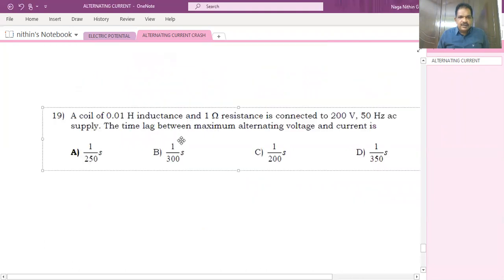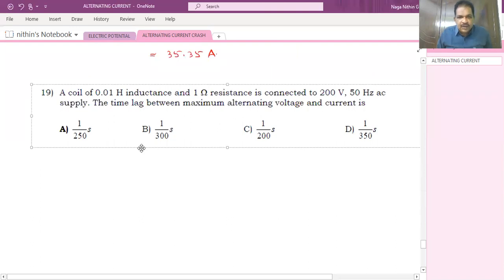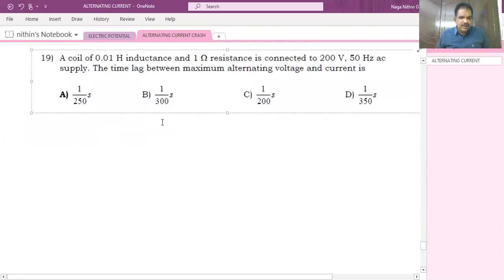Next, see the next question. Coil is there. Inductance is 0.01 Henry. 1 ohm resistor is there. It is connected to AC source, so LR circuit. Time lag between maximum voltage and current is how much?